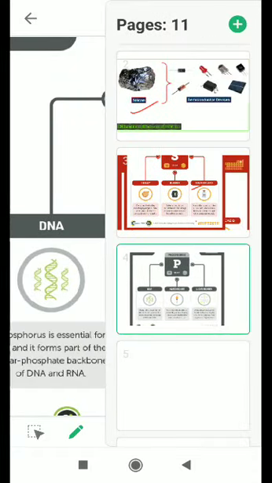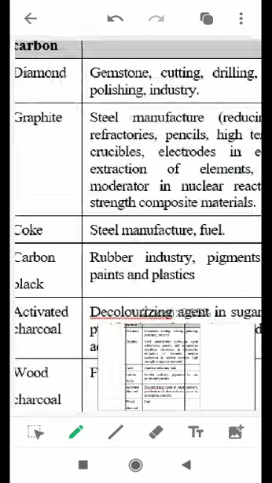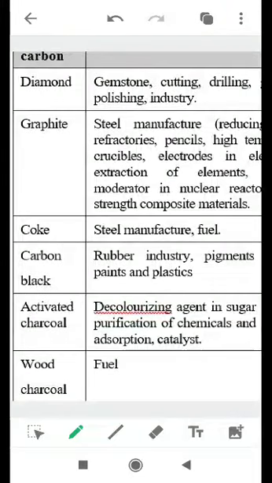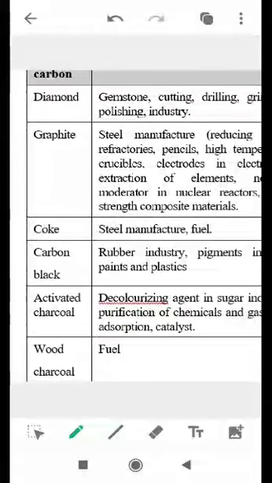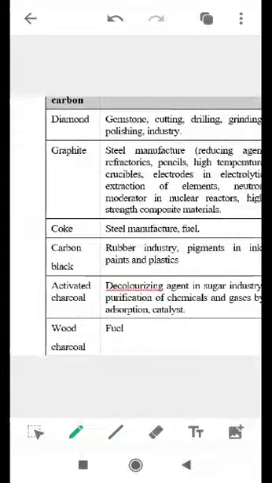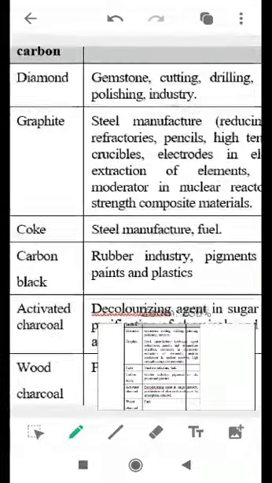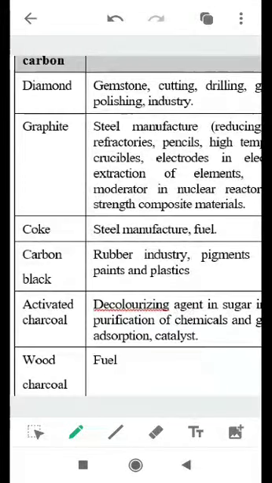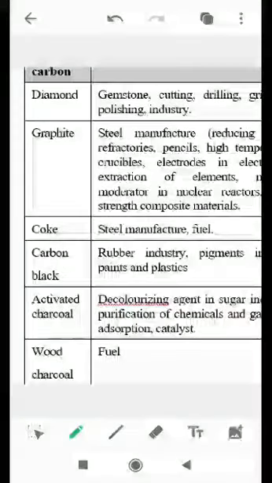Okay, and let us see the uses of carbon now. The other forms of carbon are very useful. Carbon exists in the form of diamond. It is used as gemstones, in making jewelry, and in cutting and drilling. Graphite is used in making the lead of the pencil and as electrodes in the electrolysis process.